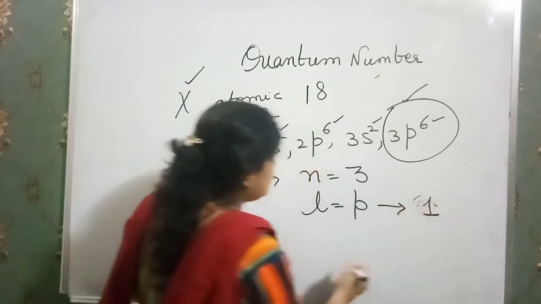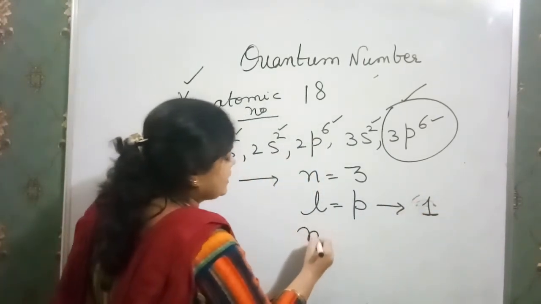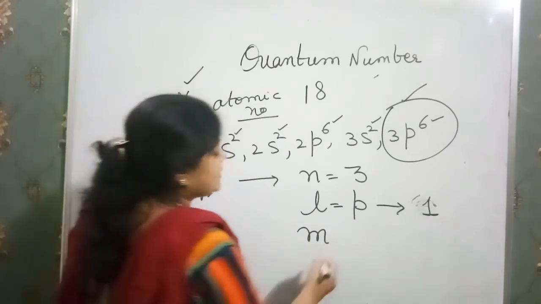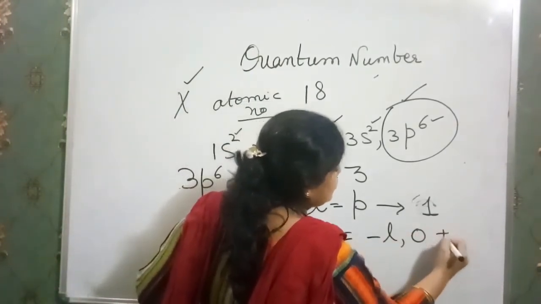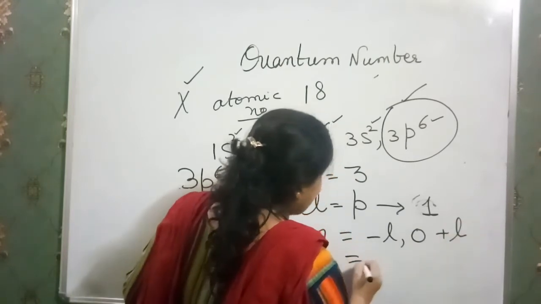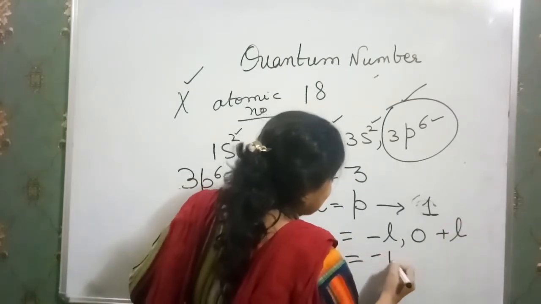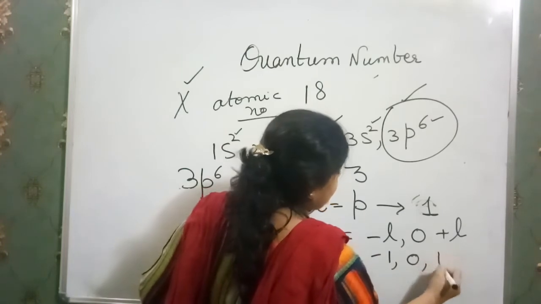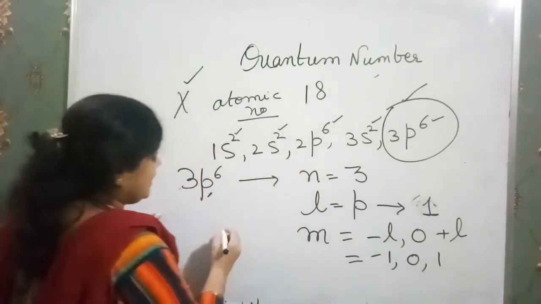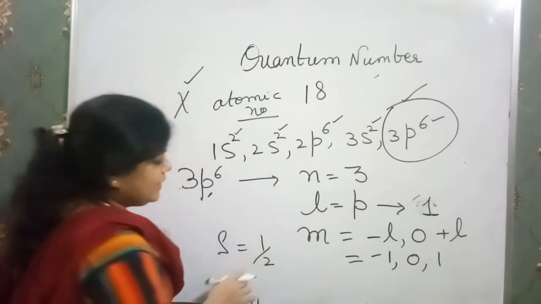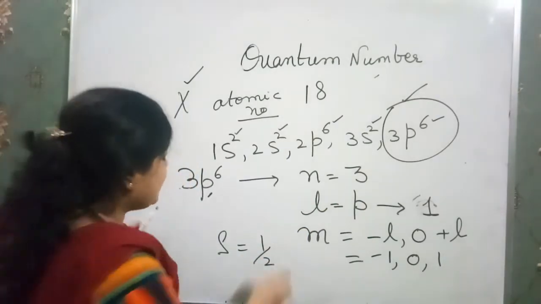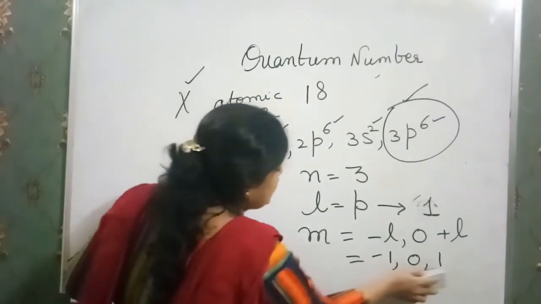Clear? Now the magnetic quantum number. For the magnetic quantum number, we have minus L, 0 to plus L. So we have magnetic quantum number -1, 0 and 1 for this case. And for the spin quantum number we have +1/2 and -1/2 for each of them.